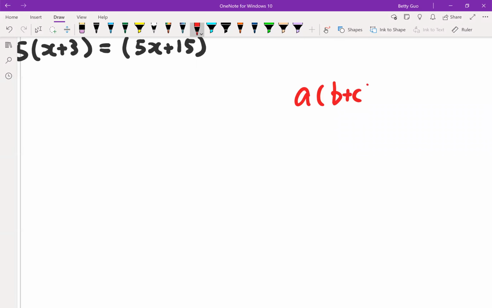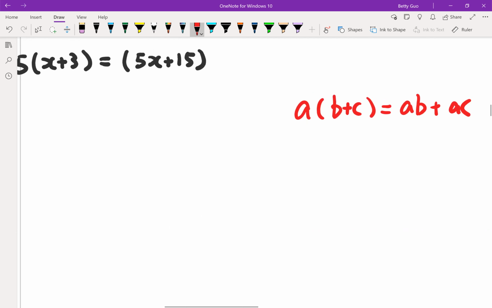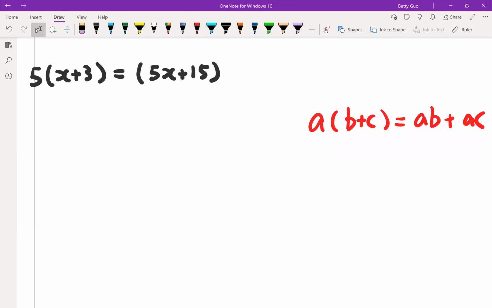A times parentheses B plus C equals A times B plus A times C. Apply the distributive property first, and you are solving this equation.